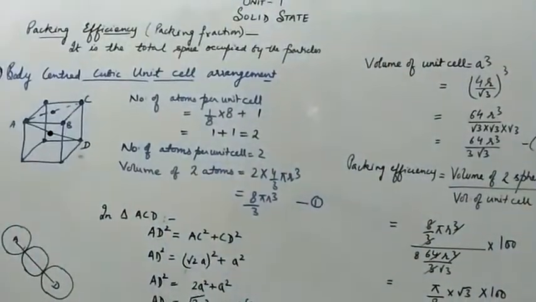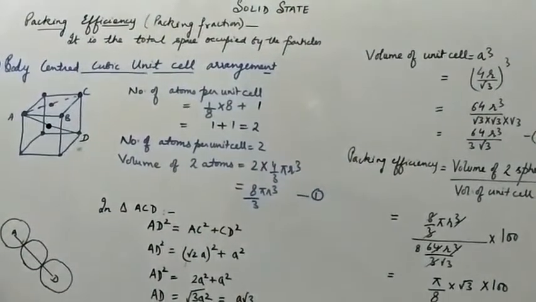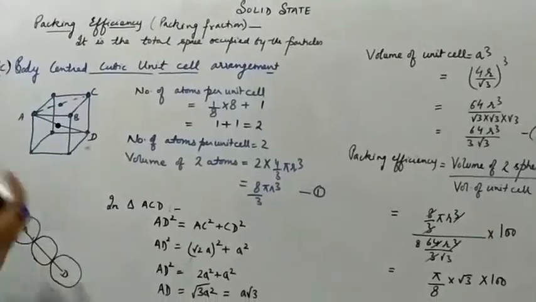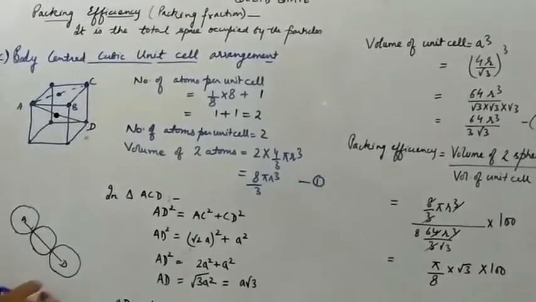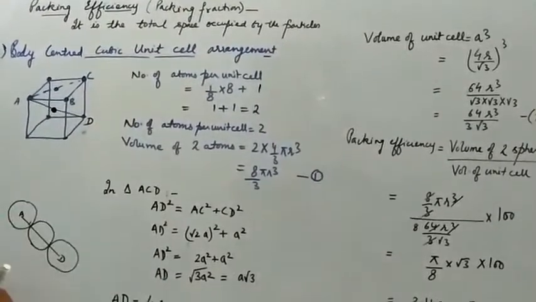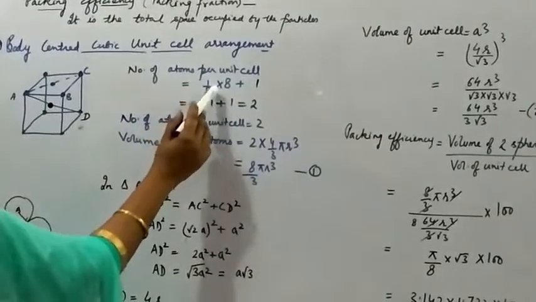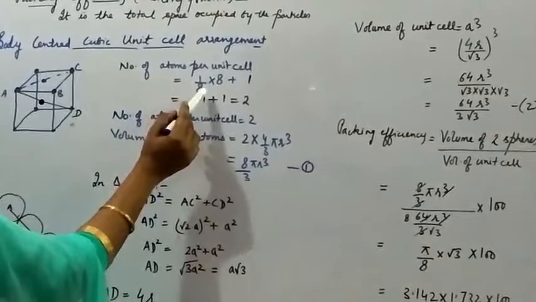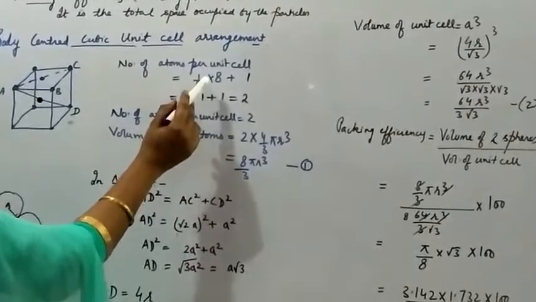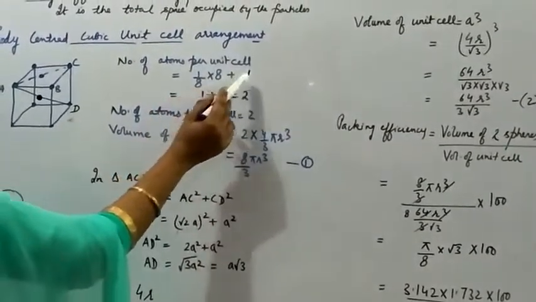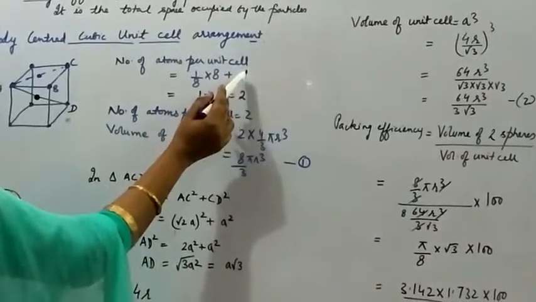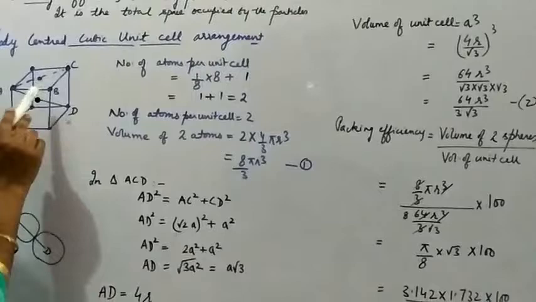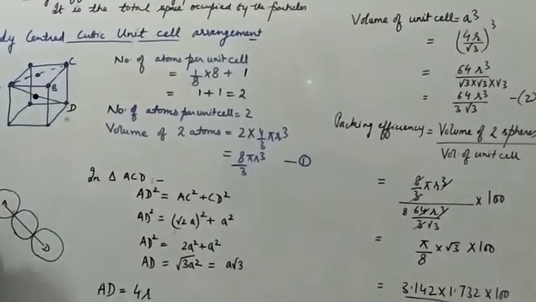Here the cubic unit cell will be of the type BCC, where the number of atoms per unit cell will be 1/8 into 8 plus 1. This is the contribution of the atoms present at the 8 corners, and this is the contribution of the atom at the center of the unit cell, which is not being shared with any other unit cell in its surrounding.